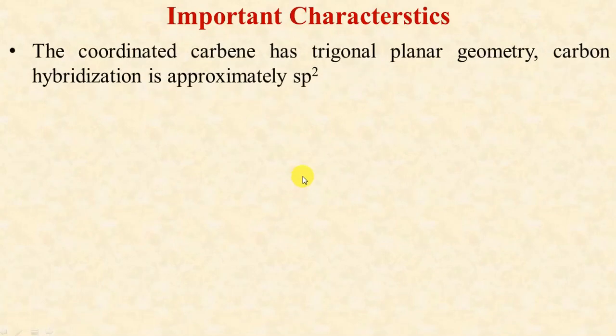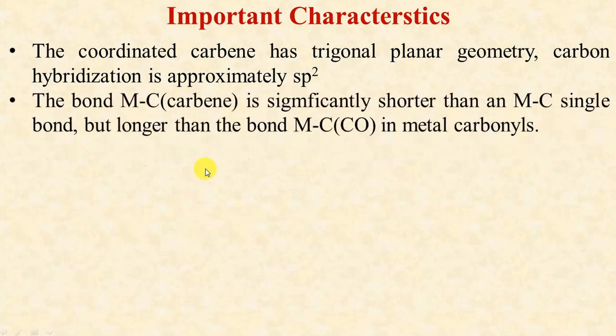The very first one is that the coordinated carbene has trigonal planar geometry and the carbon has sp2 hybridization. This is the case with both Fischer as well as Schrock carbenes. The metal carbon bond is significantly shorter than a metal carbon single bond.